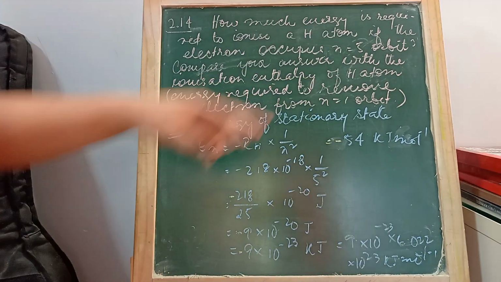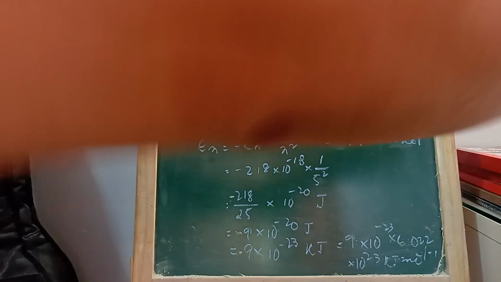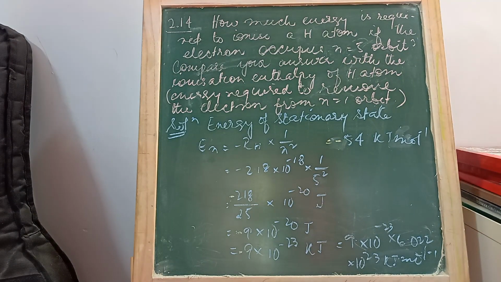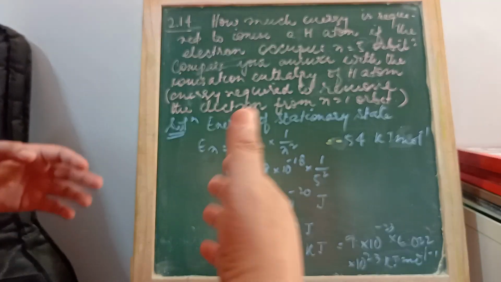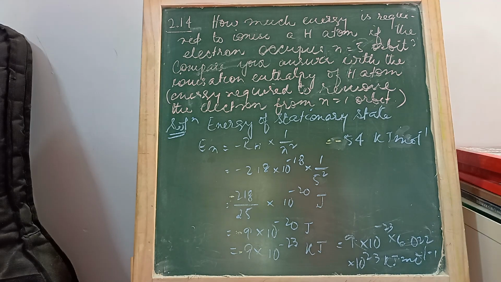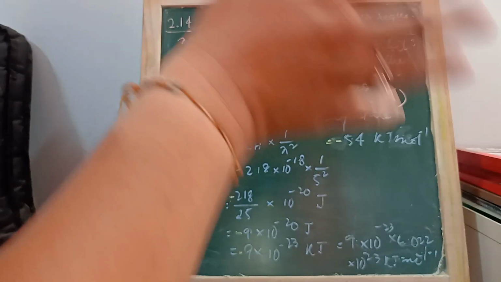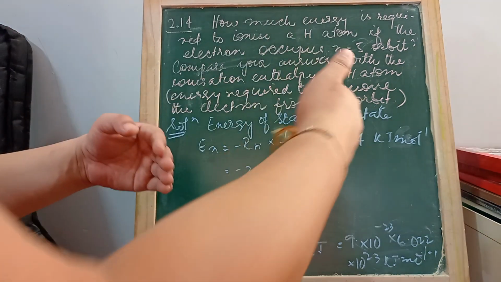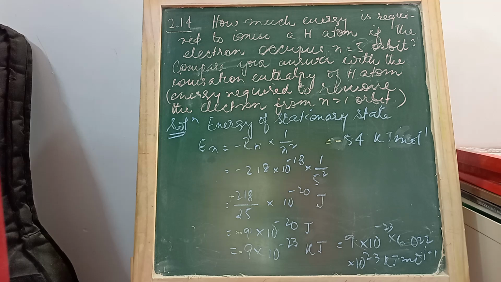Since our electron is in the fifth orbit, which is very far away, the radius of the orbit is proportional to n squared. So it varies a lot: the first orbit is here, the second is somewhat more, and the third is again very far away.